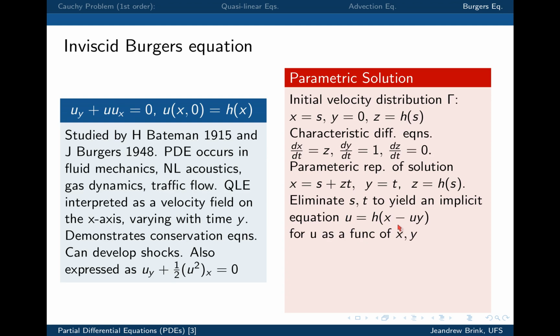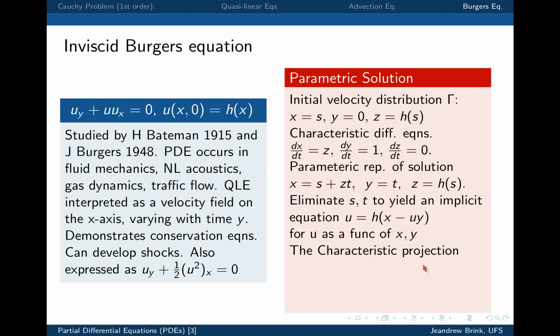So here u is still implicitly a function of x and y, and what we're going to do now is look at how this solution behaves for a specific h. So h is given, and from h you know that the equation obeys this implicit solution. Now let's look at some of the properties. The first thing we're going to do is work out the characteristic projection.